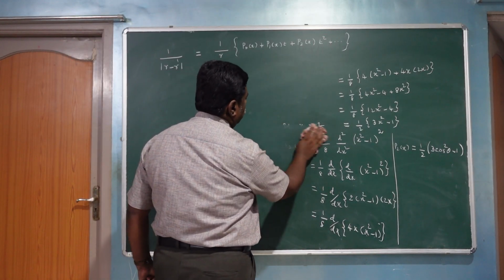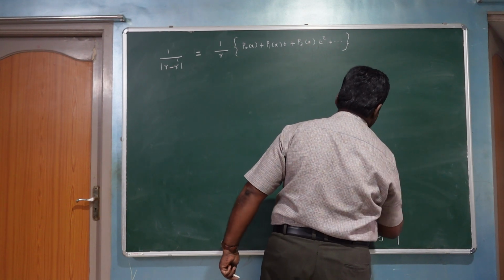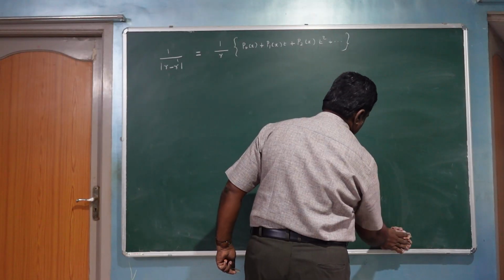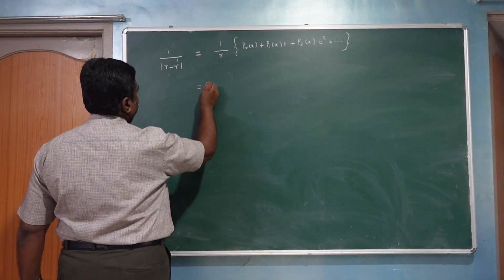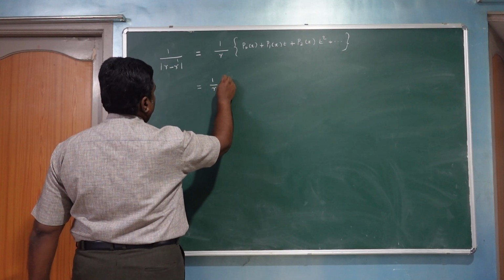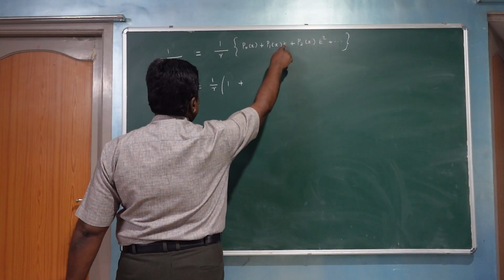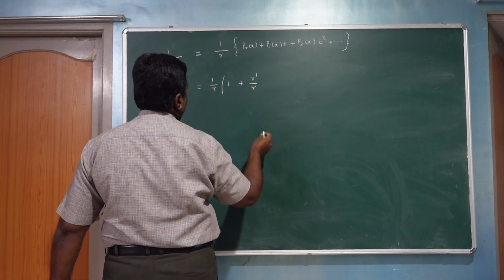Now we have to substitute all these in the above expression. Now the value of 1 divided by script r minus r dash is equal to 1 by r into (1 plus the value of t, which is r dash by r).